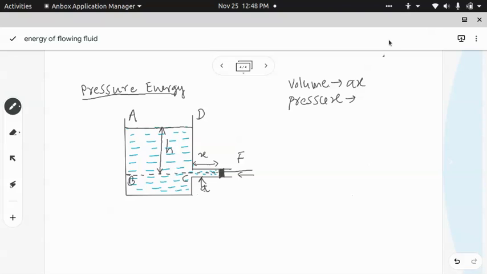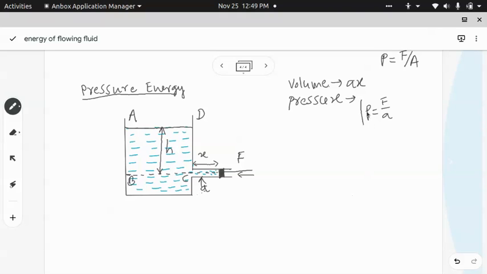Pressure P can be given by force upon area, right? Force upon area. Now, as I said here, force is F and A is the area. So what can I write for the pressure? P equal to F upon small a. F upon small a.